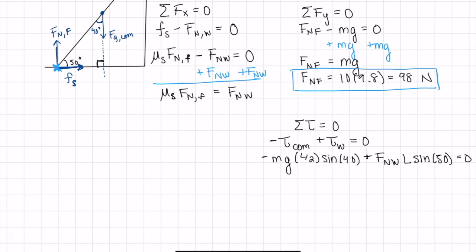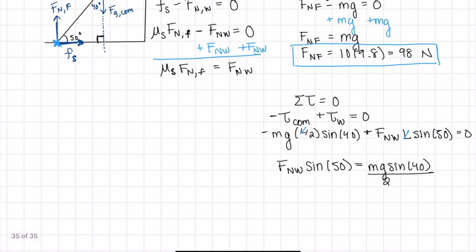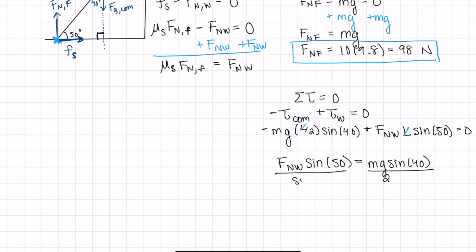So we can cancel out an L. And then I'm going to add the whole mg sine 40 over 2 to the other side to simplify. So I'll have F normal wall sine 50 equals mg sine 40 over 2. We could divide both sides by sine 50.